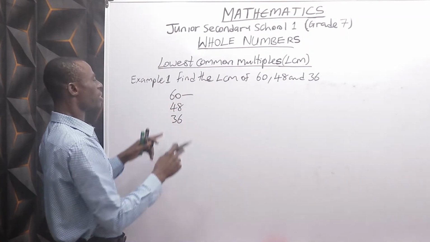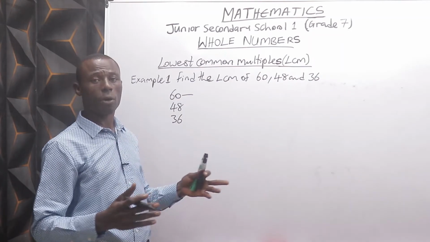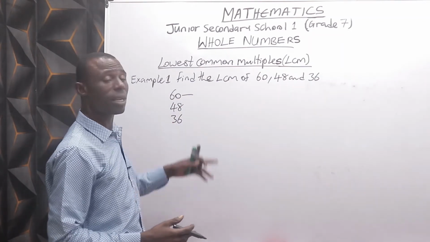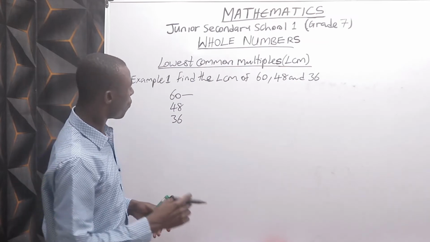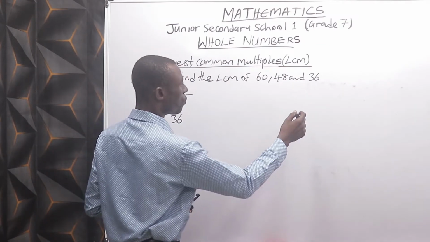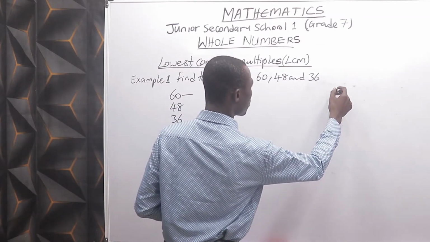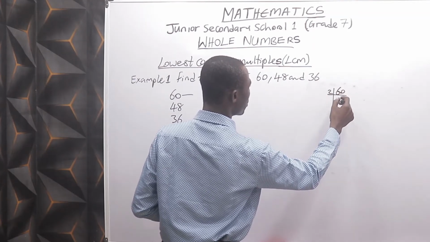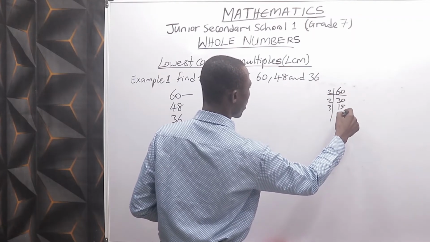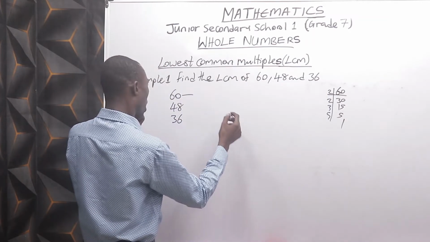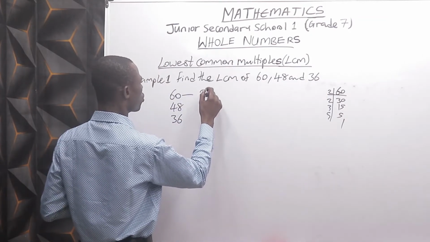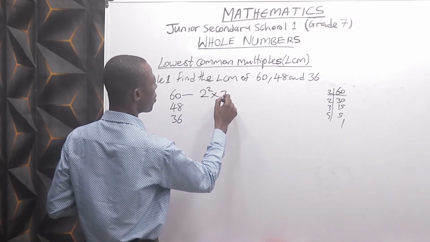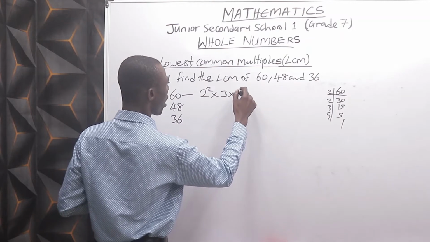You now express 60 in index form, or you express 60 as a product of its prime factors. If you do that, 60, 2 in 60, 30, 15, 5, 5, 1. So 60 is 2 raised to power 2 times 3 times 5.